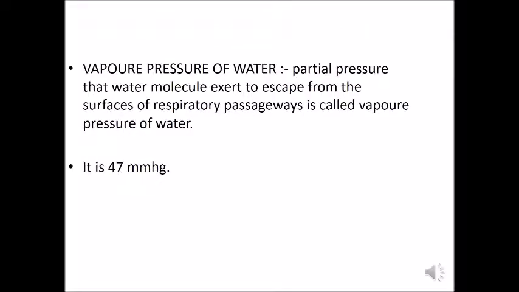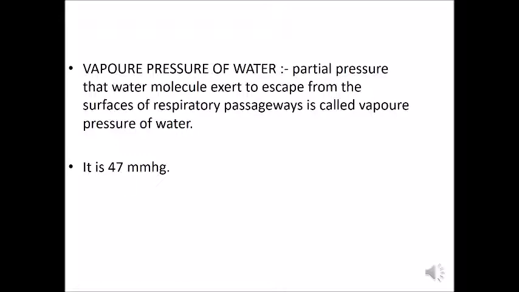Once the gas enters inside our body, we have to take into consideration another important factor, which is called vapor pressure of the water. You all know the air is dry outside, but once the air enters inside our respiratory passages, it will get humidified by water vapors. So there is some pressure created by this water vapor. It is called vapor pressure.